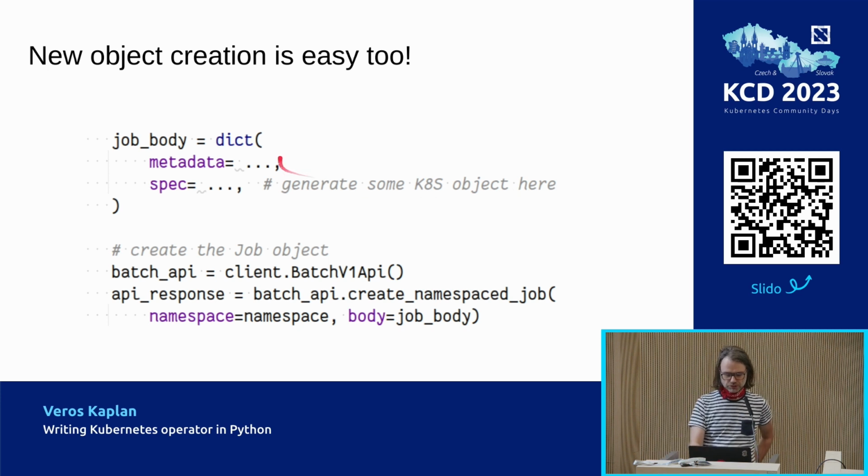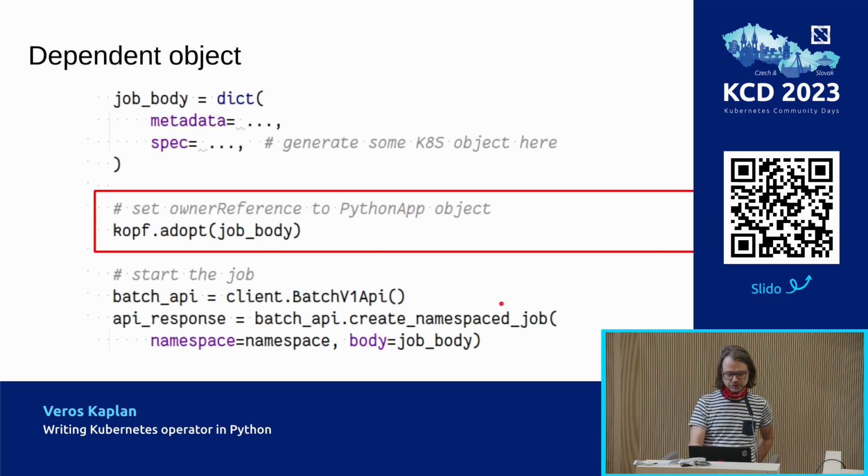Creating a new object of the type job. Here, when I create a new object, I'm using the Kubernetes API. I will just call client batch API, create namespaced job, and it's created. Again, it's nice in Python.